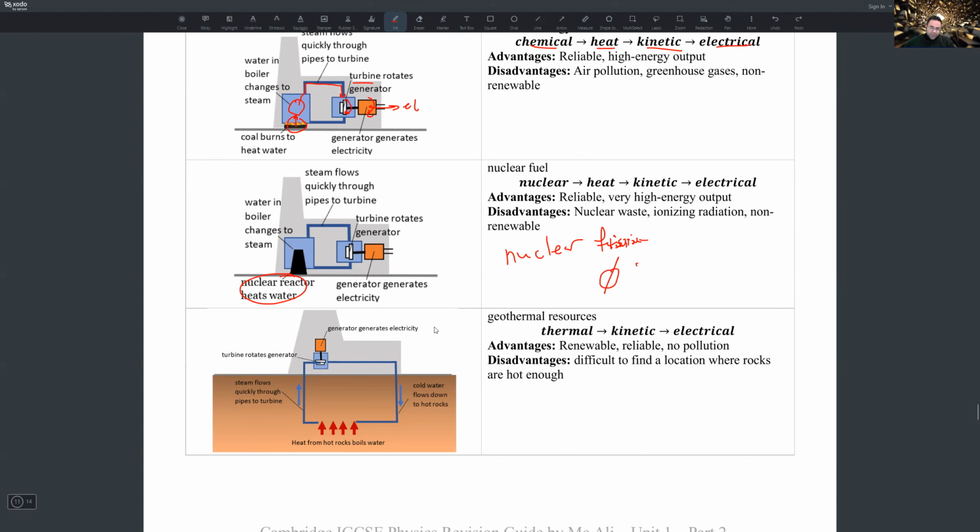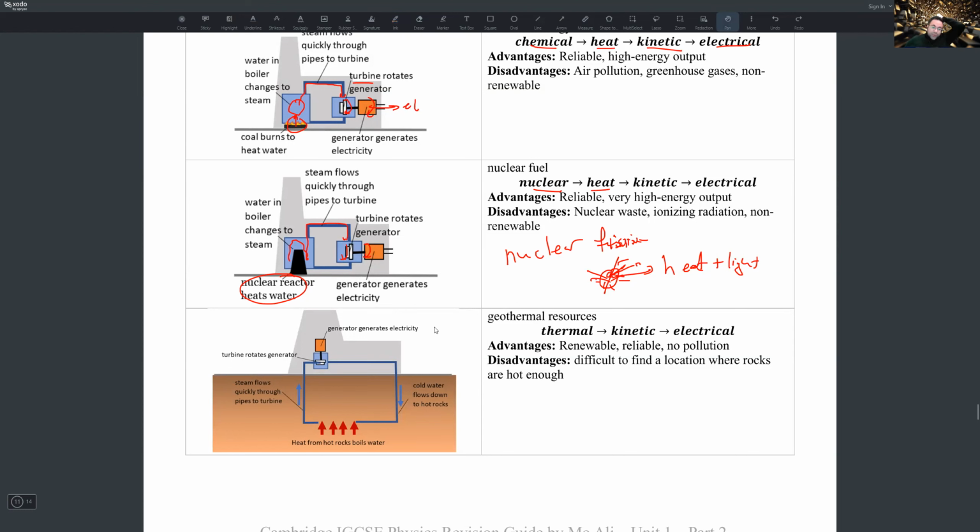Usually it's uranium, and a very slow moving neutron goes inside, it gets absorbed, bam, the uranium splits. When it splits, it releases heat and light. Basically a nuclear bomb. If you've seen Oppenheimer, you get the idea. So the nuclear energy turns to heat. I don't care about the light. And that heat is used to boil water. The water turns to steam. The steam hits a turbine. Turbine spins the generator, generates electricity.